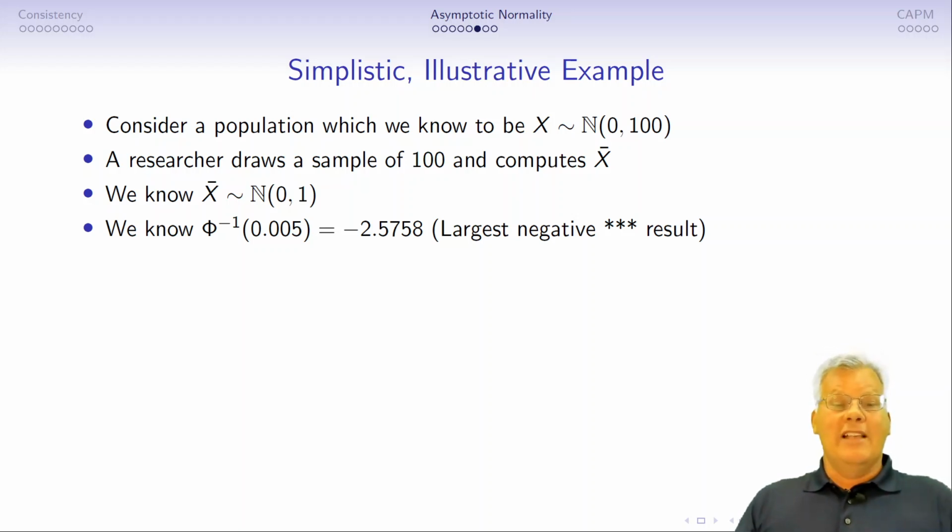We know that it has a mean of 0 because the underlying distribution of X also has a mean of 0. We know that the variance of X bar is going to be equal to the variance of X divided by the sample size. So since those are both 100, the variance of the sample mean is going to be 1.